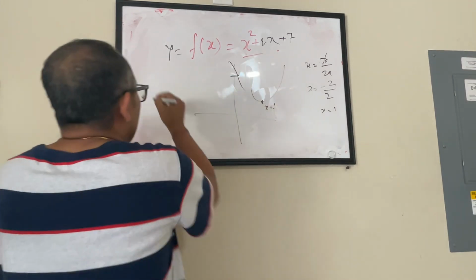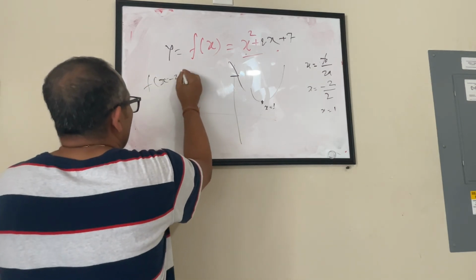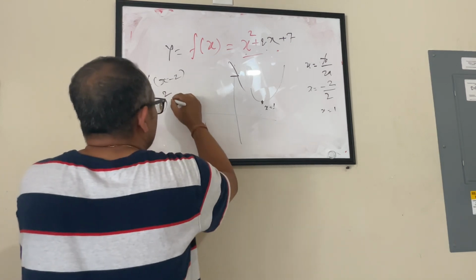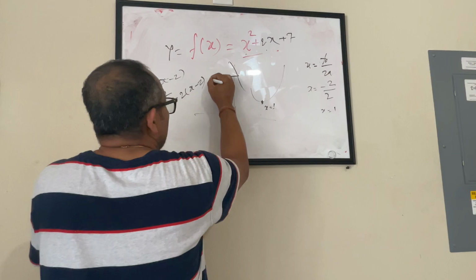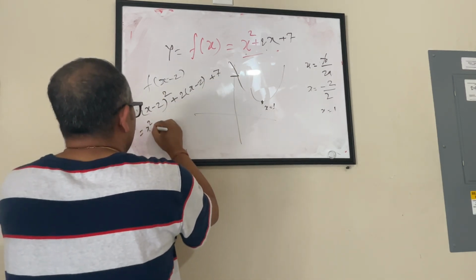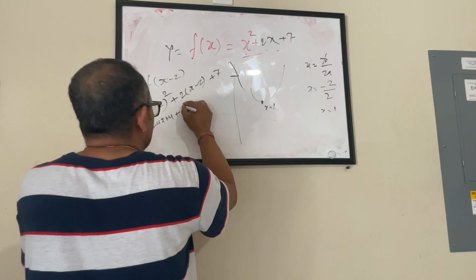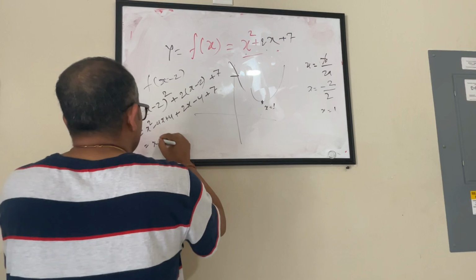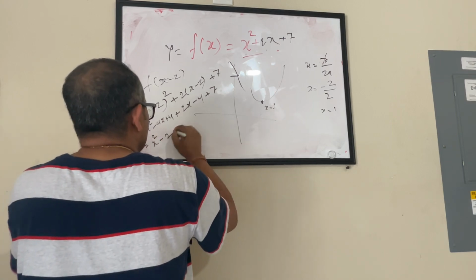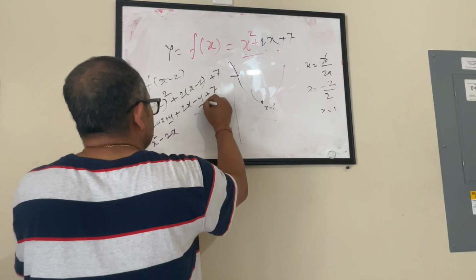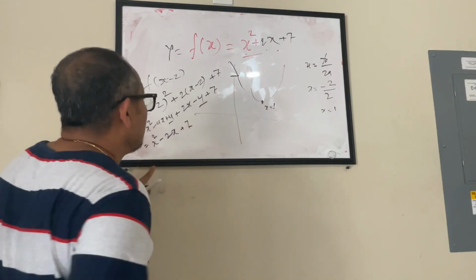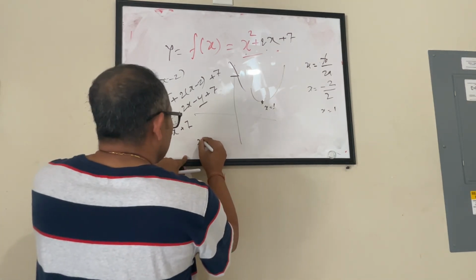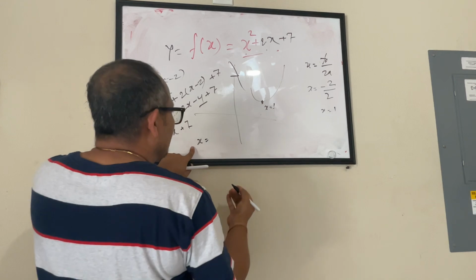Now, when I say f of x minus 2, what will happen? Meaning, instead of x, I am putting x minus 2. So it becomes x squared plus 2 into x minus 2 plus 7. What is this? x squared minus 4x plus 4 plus 2x minus 4 plus 7. So this becomes x squared minus 2x plus 7. Now, what is my x coordinate?